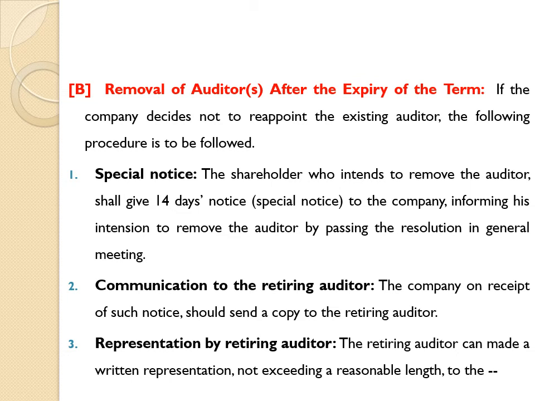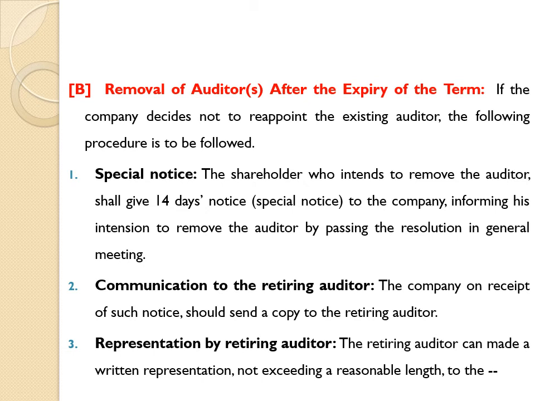Communication to the retiring auditor. The company, on receipt of such notice, should send a copy to the retiring auditor. After getting notice from the shareholders, the company communicates that matter to the auditor who is going to be removed from his duties.